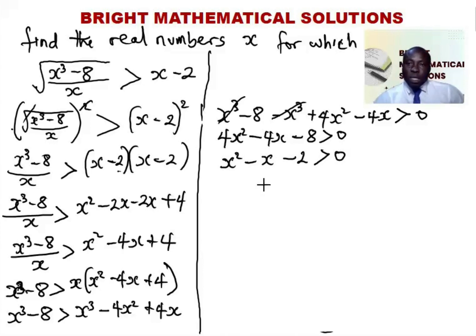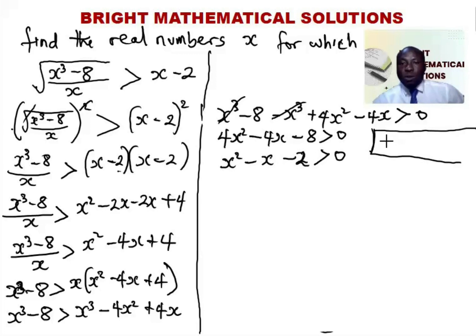Now, let us factorize this so that we can solve for x. Let us look for the factors of minus 2x squared: I multiply x squared and the constant, and we are looking for two factors that multiply together to give this, and when added together give the middle term.